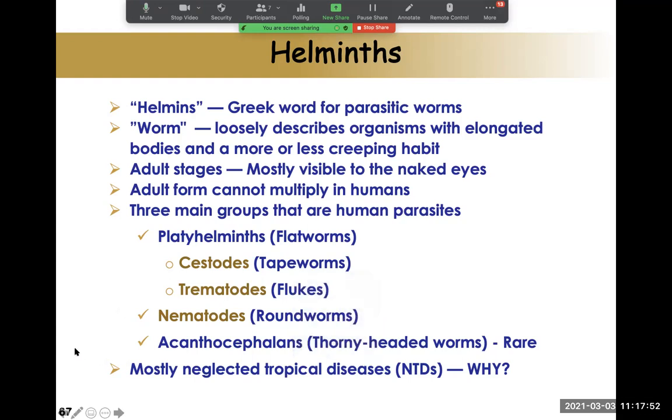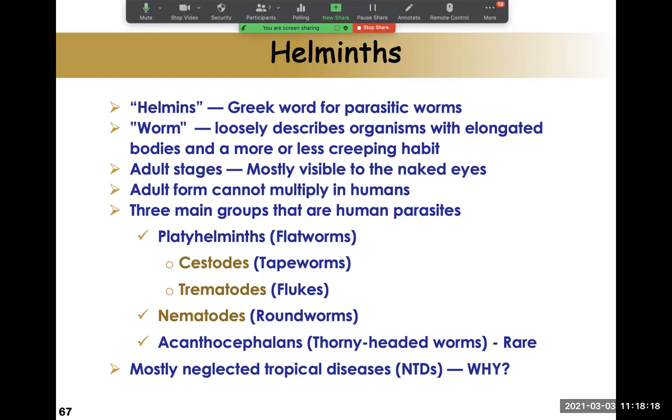Hello? Yes. Okay. I think maybe because in a lot of the places where people get infected with helminthic diseases, the treatment is not available. Usually, I think they're more common in third world and developing countries. That's exactly right. Most of these helminthic infections happen in the third world countries along the tropical belt, right?